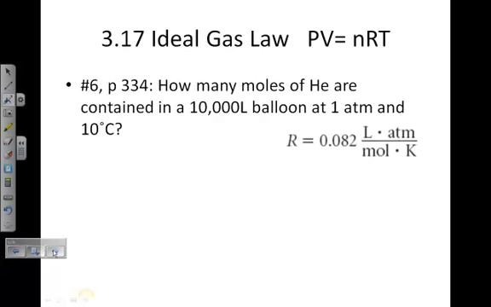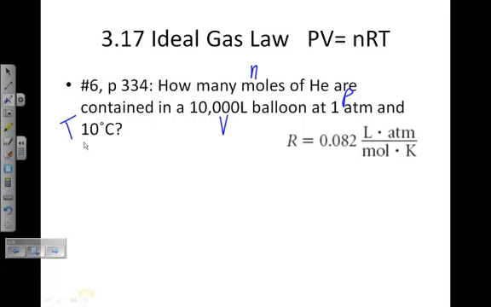Ideal gas law, PV equals nRT. Okay, this problem is from page 334, number 6. It reads, how many moles, so let's go through this, that's N, of helium are contained in 10,000 liters. That's volume. In a 10,000 liter balloon at 1 atmosphere. That's pressure. And 10 Celsius. That is temperature.